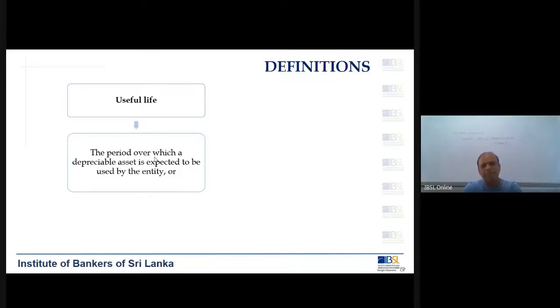The period over which an asset is expected to be used by the entity. So if I'm saying that I'm going to use this computer for 5 years, that is my useful life. But that could be different from another party. Another company might say, look, we are using computers only for 3 years. So in our case, our useful life for computers is only 3 years.